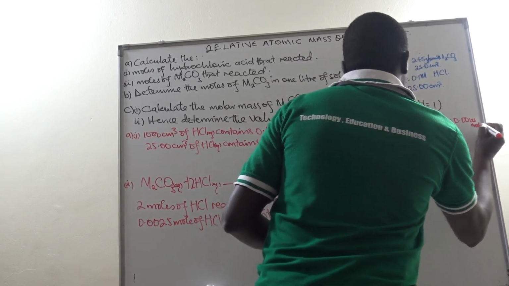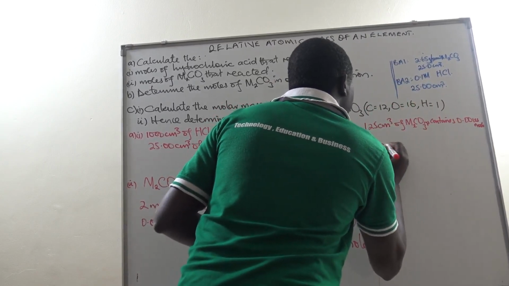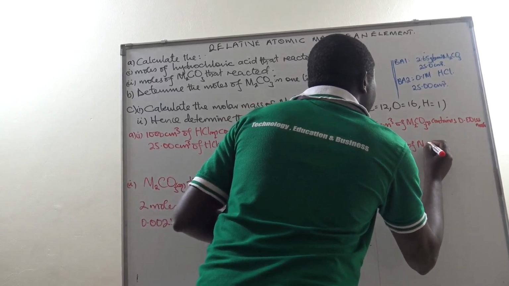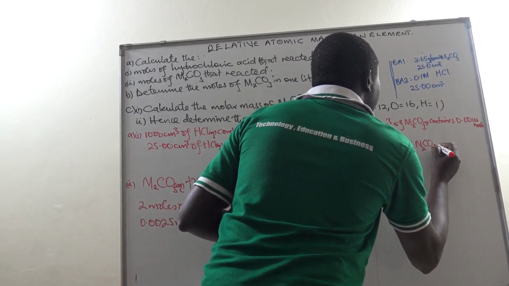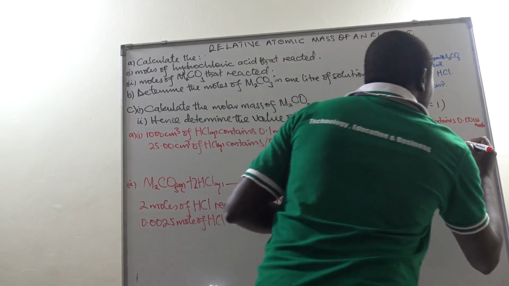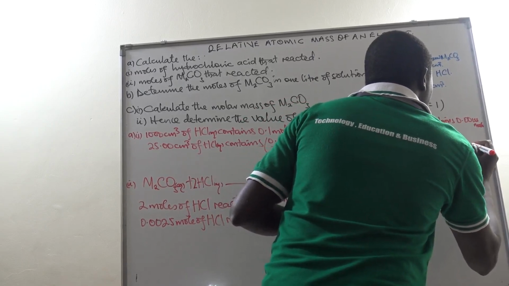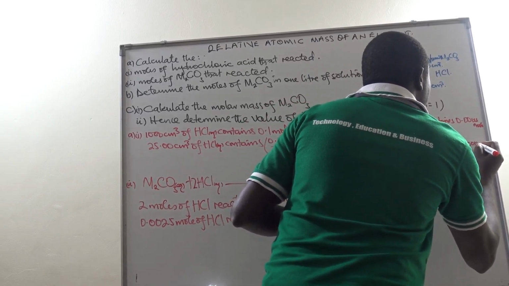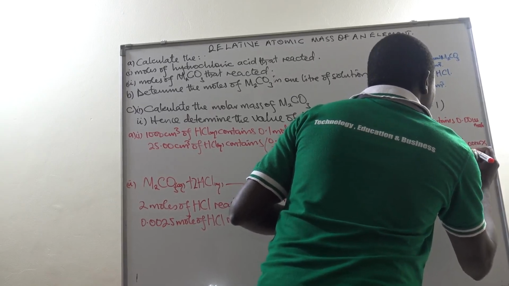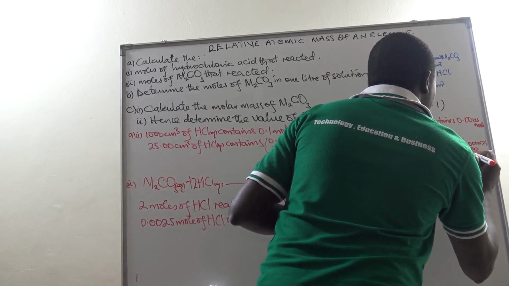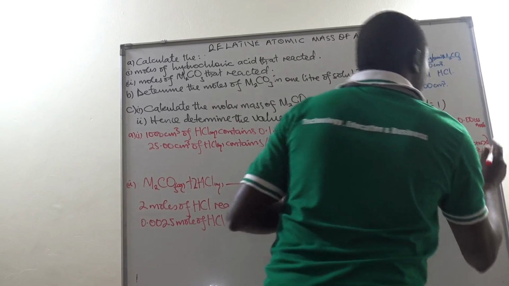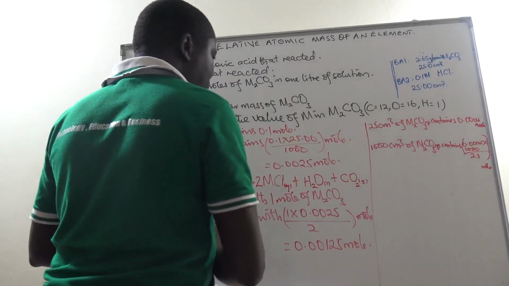The unit is mole. And then what of 1,000 cubic centimeters of M2 carbonate solution? So it contains 0.00125 times 1,000, and we divide by 25. The unit remains mole. The whiteboard is not reaching up to there.